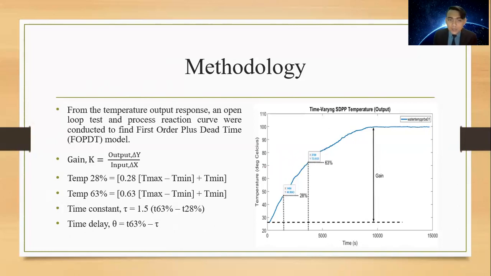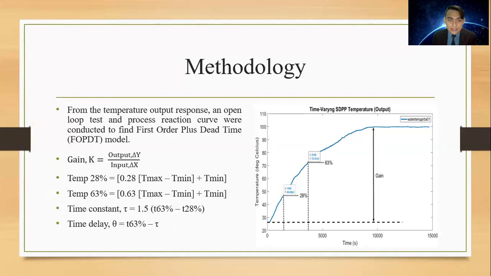From the temperature output response, an open loop test and process reaction curve were conducted to find the first order plus dead time (FOPDT) model. The values that we need to gather are: number 1, gain; number 2, temperature at 28%; number 3, temperature at 63%; number 4, time constant; and the last one is time delay.